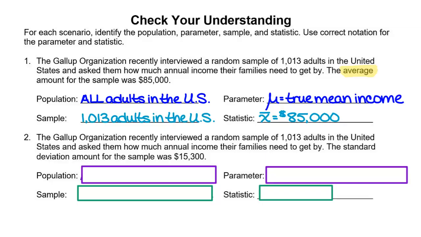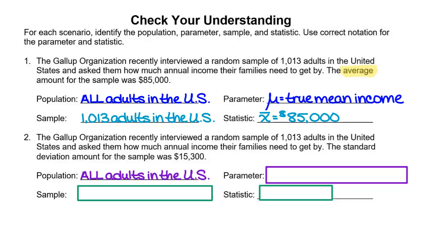Number 2, same setup. The Gallup organization recently interviewed a random sample of 1,013 adults in the United States and asked them how much annual income their family needs to get by. The standard deviation amount for the sample was 15,300. What's the population? All US adults.